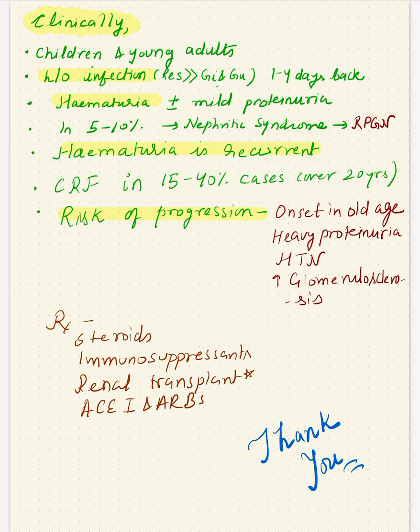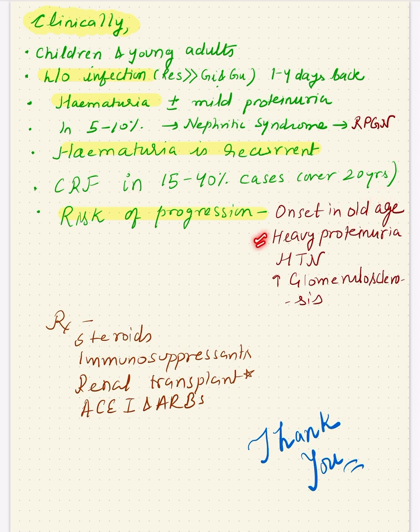It is a characteristic feature of IgA nephropathy. Then chronic renal failure will be seen in about 15 to 40% of cases over a long period of time, spanning over 20 years. Now the risk of progression to end-stage renal disease is seen more if the disease onset is in old age. Usually it affects children and young adults, but if onset is in old age, it has an increased risk of progression.